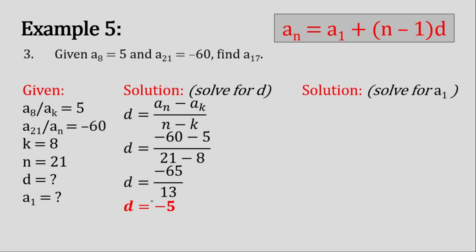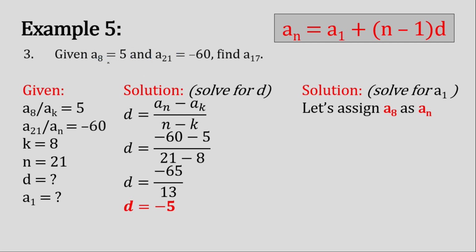Now let's use that to find a sub 1. Again, let's assign a sub 8 here as our a sub n, because we need to use a last term. We could use a sub 21, but we would deal with a higher number compared to 8 in solving.